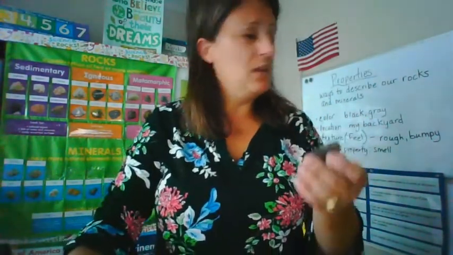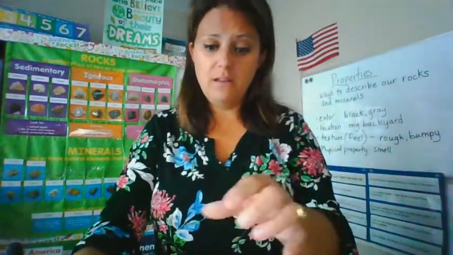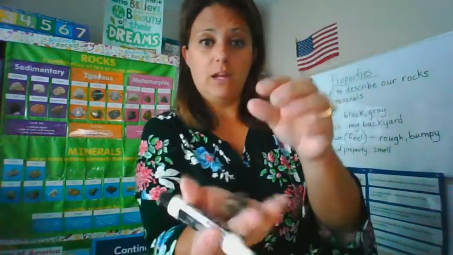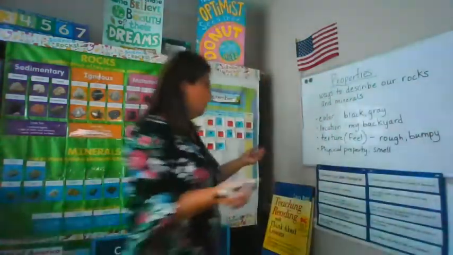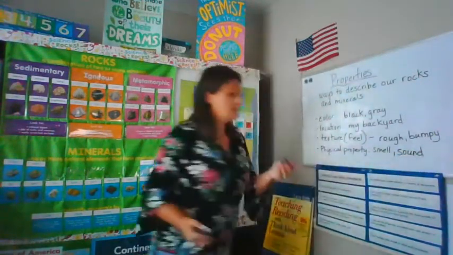But the smell, absolutely. We talked about the feel of it, the sound of it. If I drop it on top of my table, it makes a sound. So that is also one of the other physical properties.